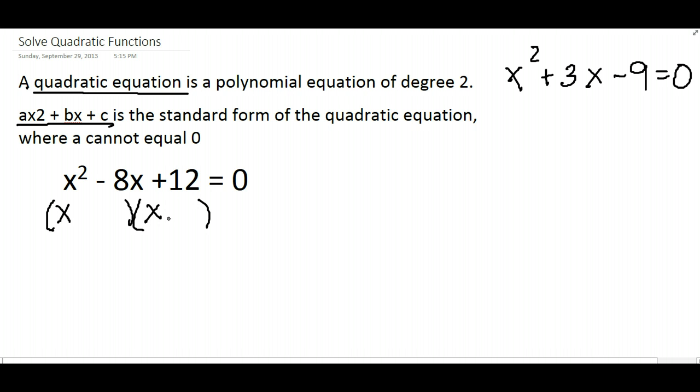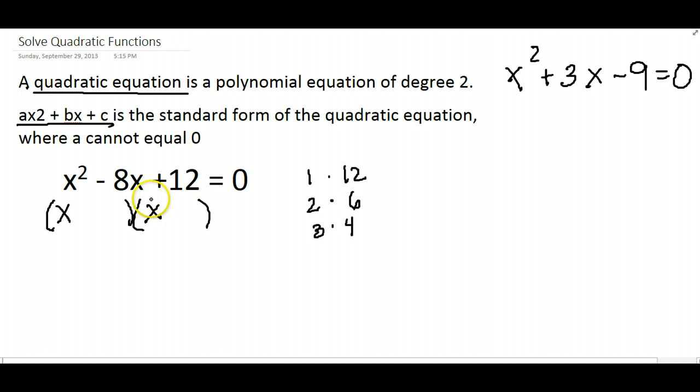And then we need to ask ourselves, what factors of 12, which is our c term, will add up to give us a middle term of negative 8? Let's talk about what the factors of 12 are. We have 1 times 12, 2 times 6, and 3 times 4.